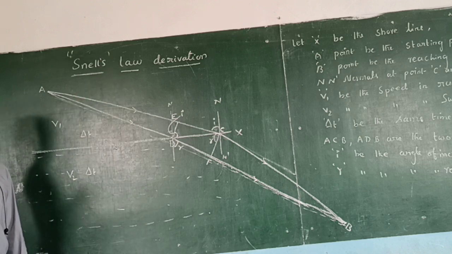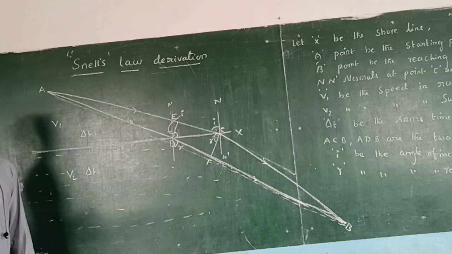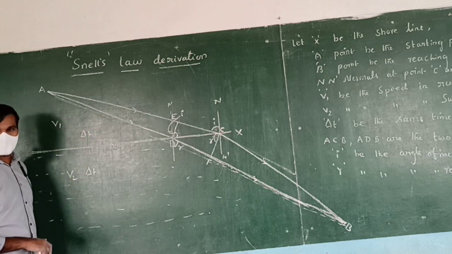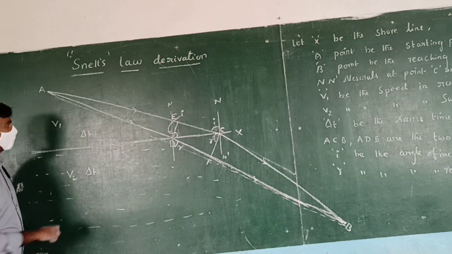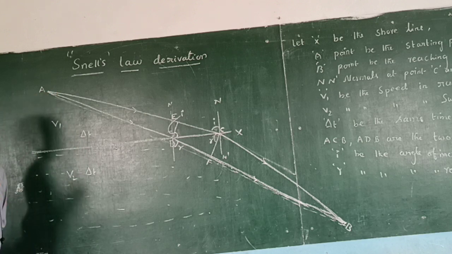If you have observed the written work in the textbook, page number 51, some written work is given for you in a box. Here A is the starting point.